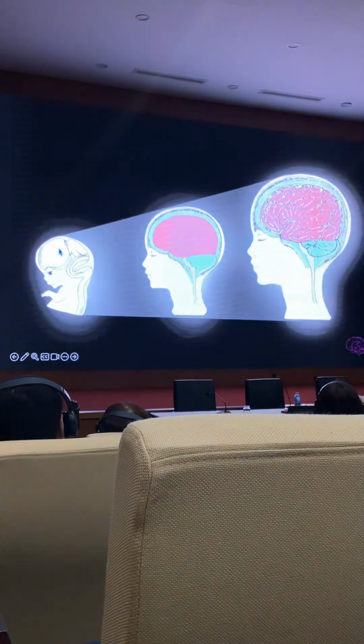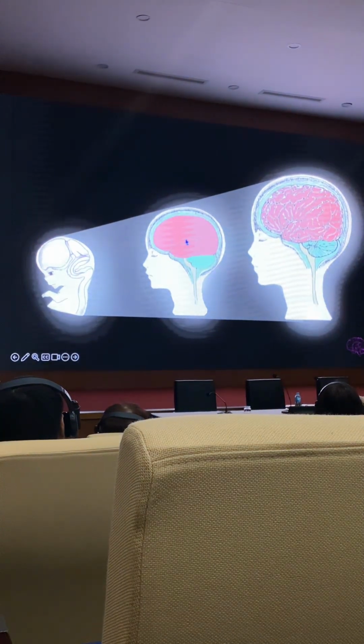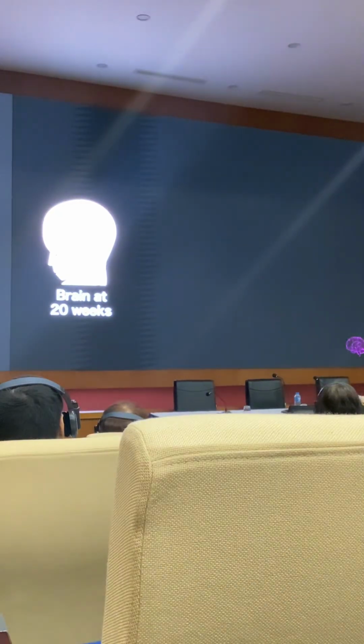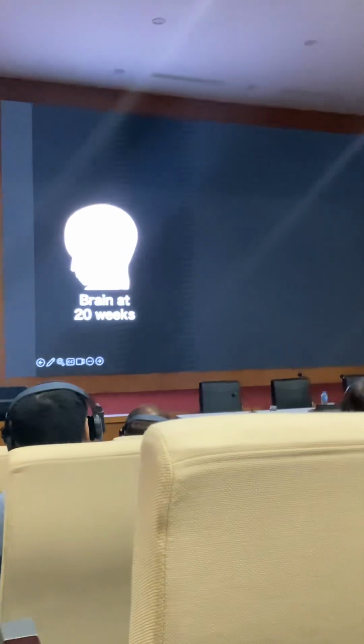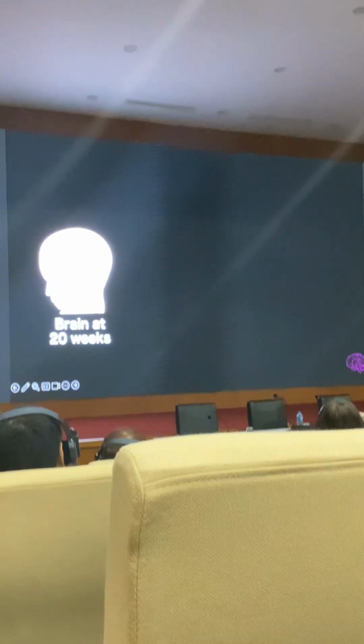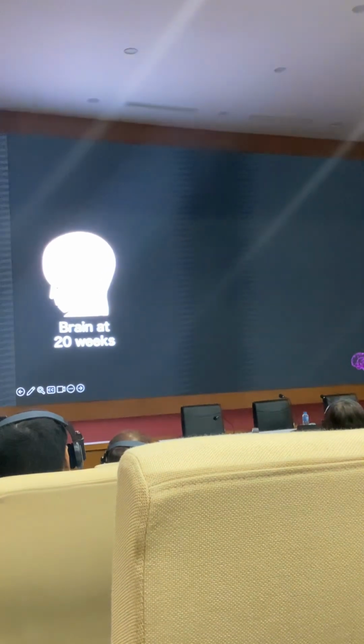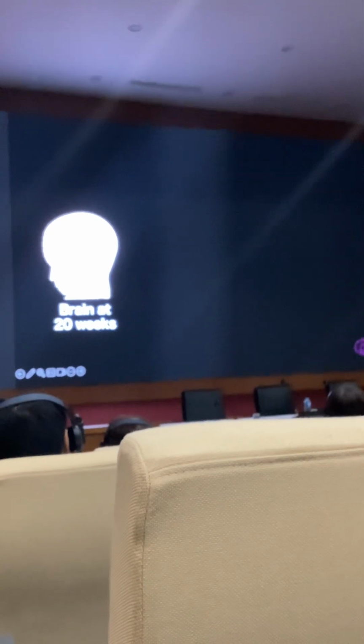Now, as I told you, the brain is developing very, very rapidly during the fetal period. If you look at the brain at 20 weeks of gestation, you can see the very fundamental structure of the gyrus and sulcus, like here, but not on the surface.